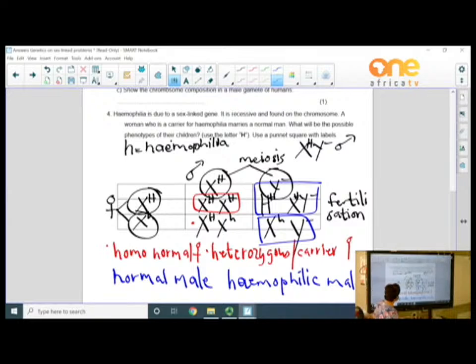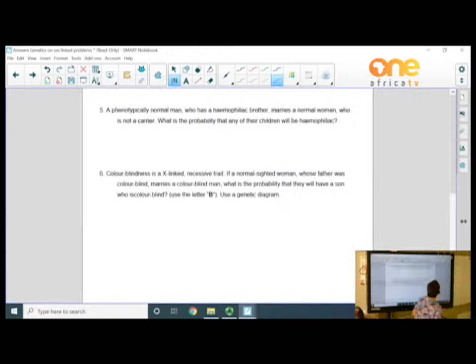Now, okay, right. A phenotypically normal man who has a hemophilic brother marries a normal woman who is not a carrier. What is the probability that any of their children will be hemophilic?